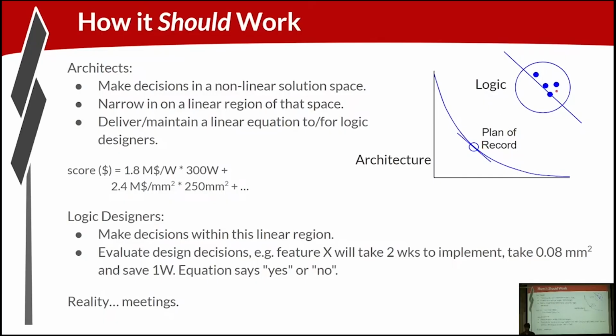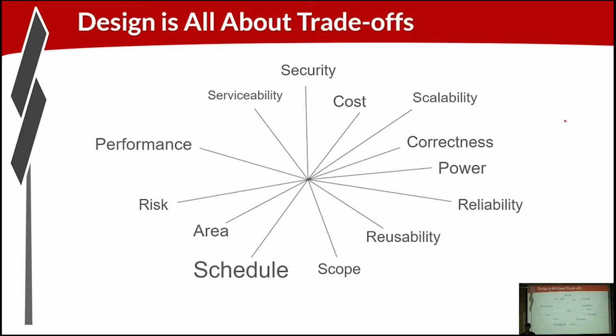And then the logic designers are making these microscopic decisions day to day that move the dot small amounts, right? So at this scale where the logic designer is working, we're in a linear region. So to me, the role of the architect is to define where we are on the curve and define the linear trade-offs in this whole complex trade-off space, right?